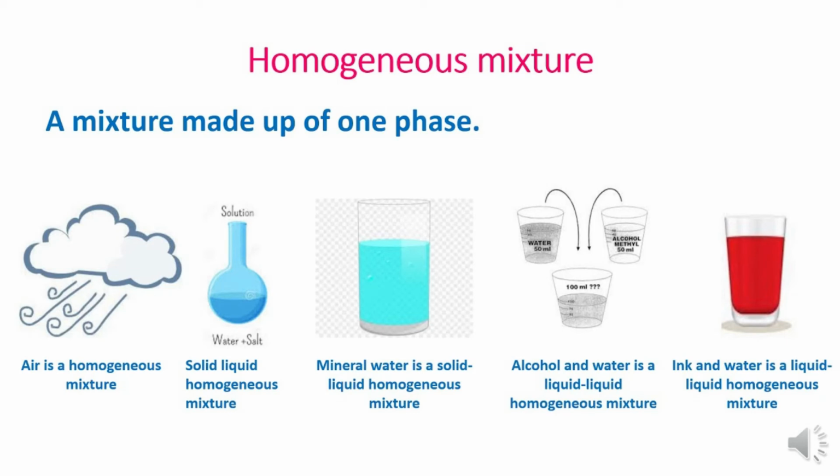If a mixture exhibits the same properties throughout, that mixture is called a homogeneous mixture. Example, a salt solution or a sugar solution. The sugar is dissolved and its properties are equally distributed in the water.